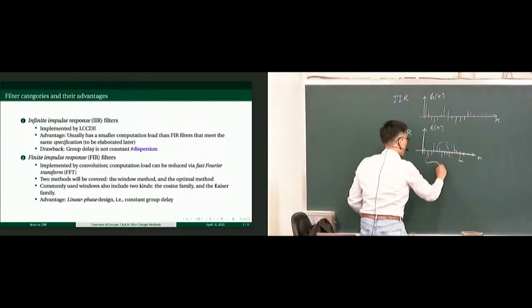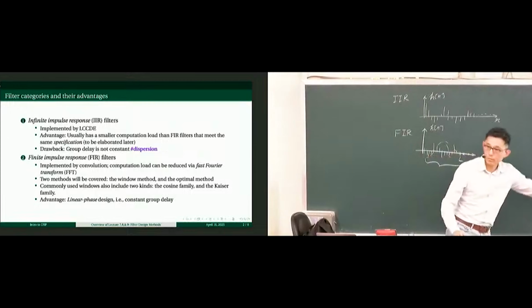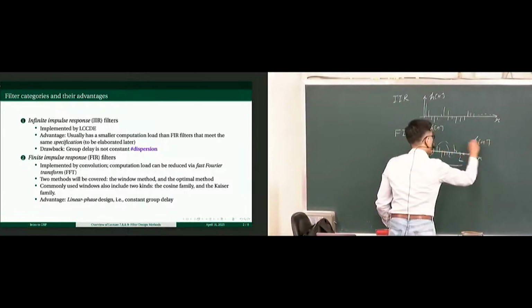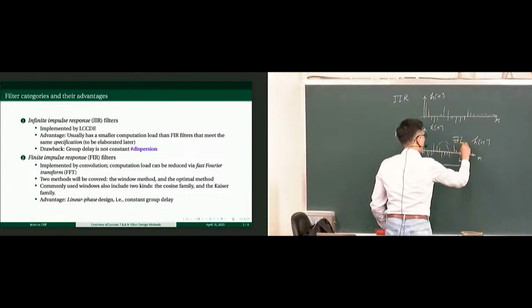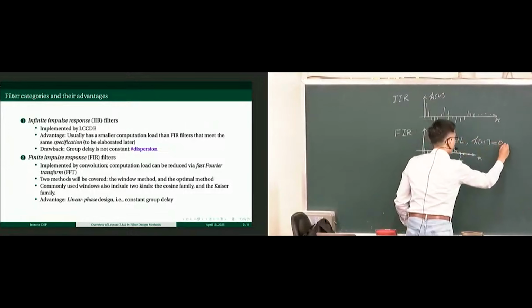We say the duration of this impulse response is finite. Therefore, we have the name finite impulse response. It means h of n is all 0 for n greater than or equal to L, something like that.